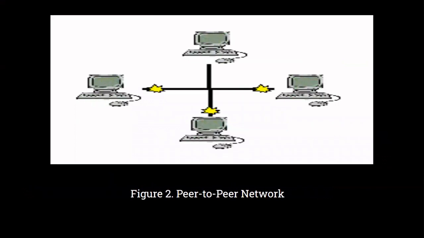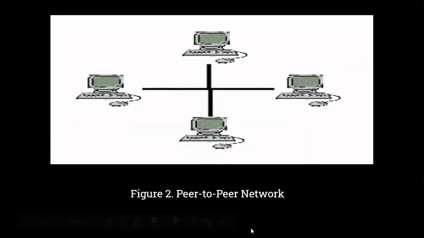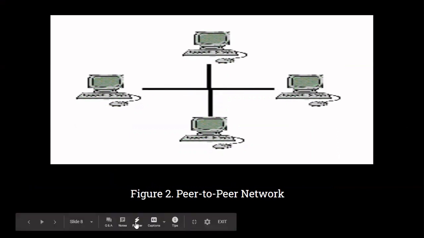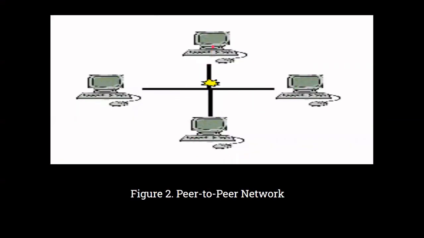Now here, let's see the diagram of peer-to-peer network. As in the diagram, you can see there are four computers connected with each other, and you can also see a main signal coming from this top computer and distributed among these 3 computers.